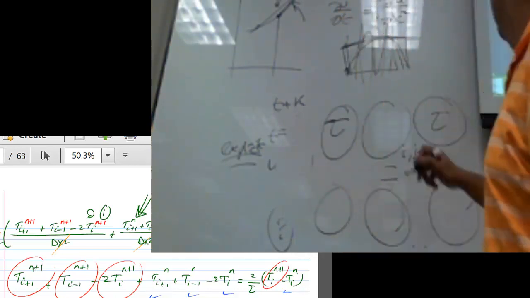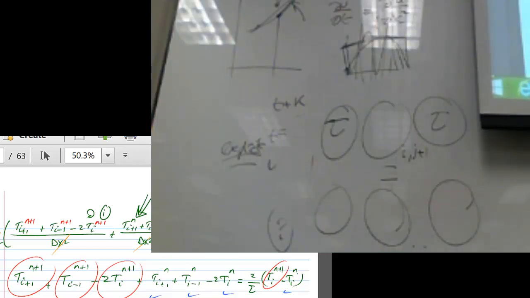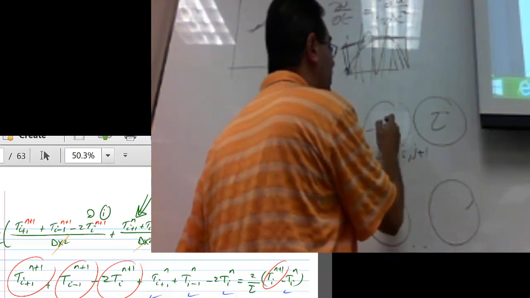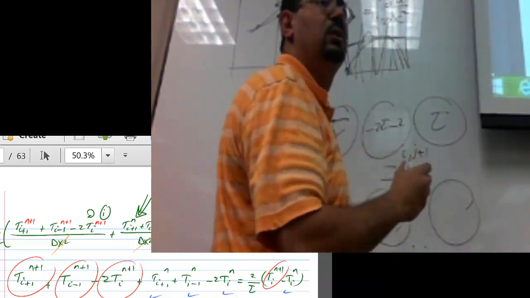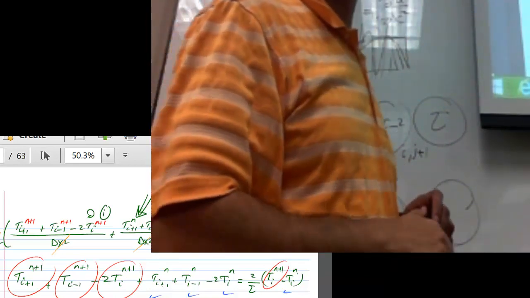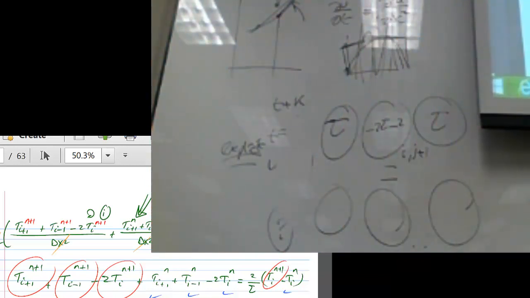And this guy will be tau, and in the middle here you will have minus 2 tau, but then this guy will come, the T i at n plus 1 is also here. He will come here, right? And it becomes minus 2 tau minus 2, right?